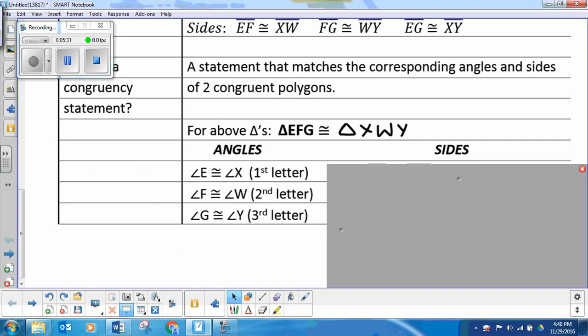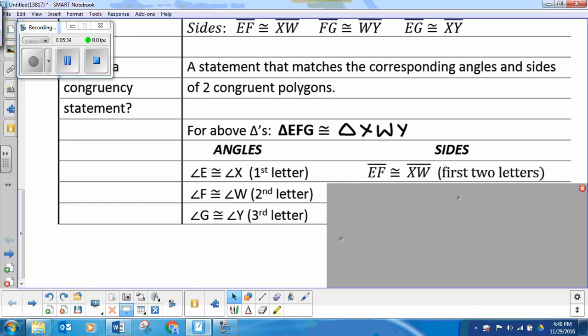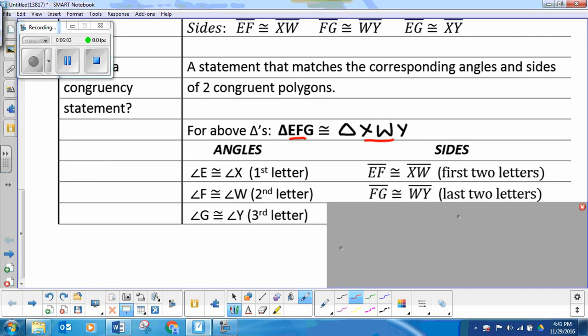For the sides, just as above, we have EF is congruent to XW, and what I'm going to do is underline EF and underline XW, and you can see we're going in order. The first two letters in the first triangle and the first two letters in the second triangle are creating sides, right? Segments require two letters. Those would be congruent and they would be corresponding. Just by having this statement, we can determine that. In addition, we know that FG and WY will also be corresponding sides.